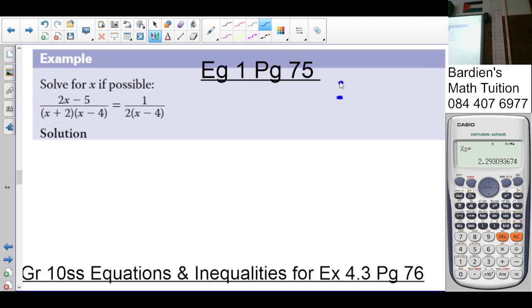What's my LCM here? LCM is x plus 2, x minus 4. Now if you look at the second fraction, in that denominator you got that x minus 4 already accounted for, not so?